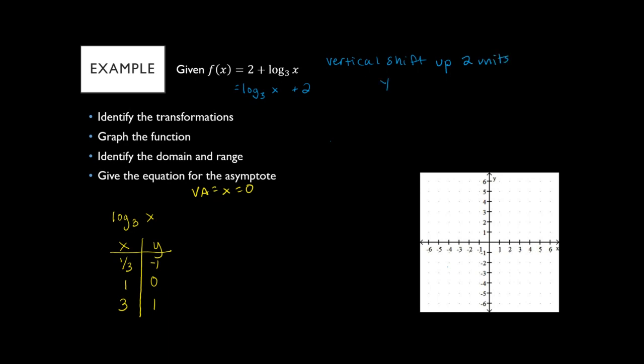And this is equivalent to taking our y values and adding 2 to the y values. So that's our transformation. That's the only transformation we have. So that means when I'm making my table, I need to add 2 to all of these y values in order to get my transformed table so I can get what I'm actually going to graph.